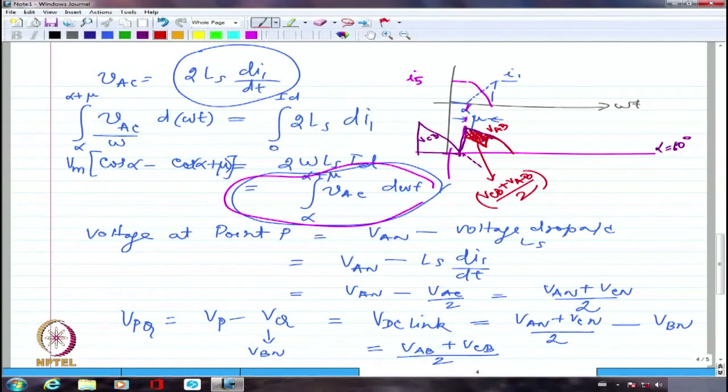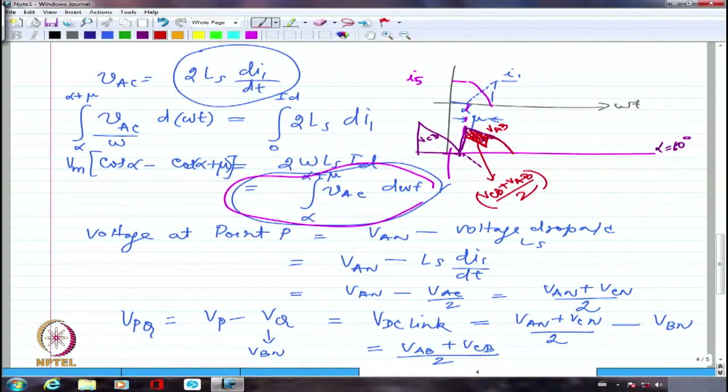Just can't help it because the inductance will not allow abrupt changeover of current from 0 to maximum value or maximum value to 0 value right away. So it happens slowly. In the process, there is an inductance drop. That drop is manifested in the form of a DC link voltage drop.